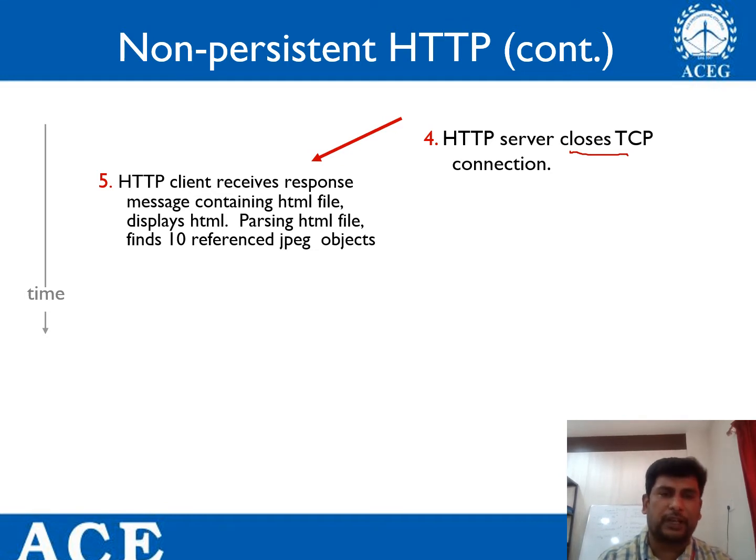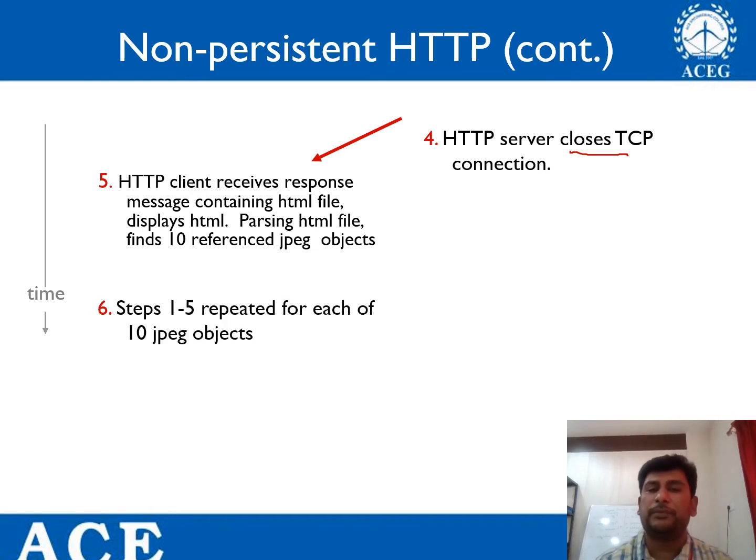And the client which made the request receives the response message which contains the HTML file, and after receiving that file, it displays the object. Okay, so this is how a connection is made for one particular object. For instance, if I have 4 to 5 objects, for every object first a TCP connection has to be established.